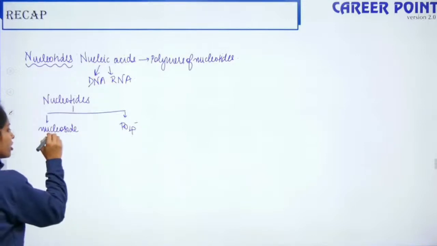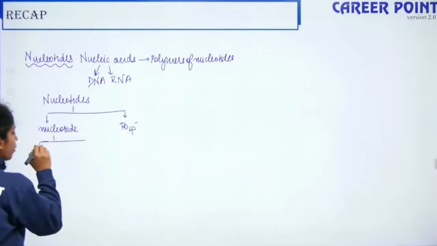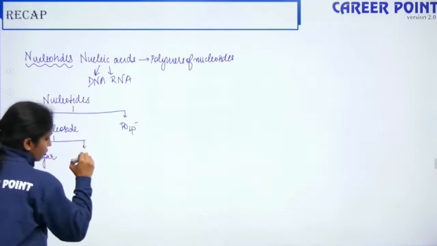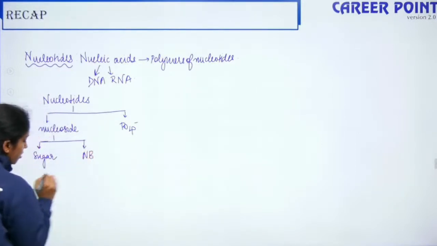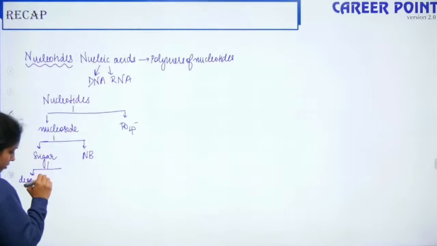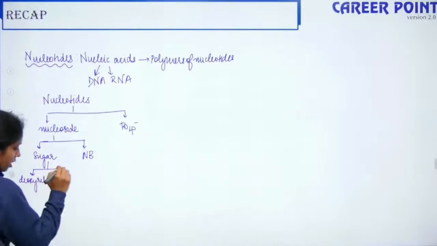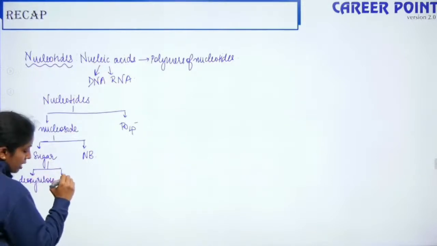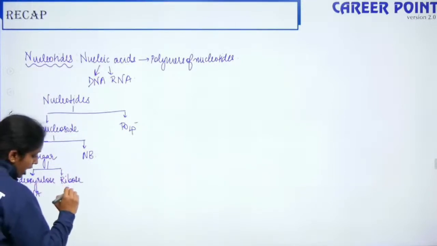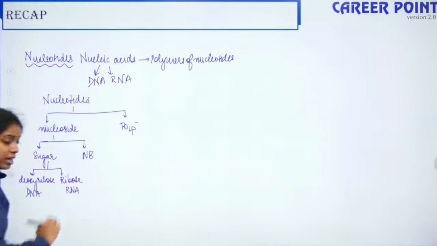Your nucleoside is further made up of a sugar and a nitrogenous base. Sugar can be of two types. One is deoxyribose sugar, the other one is simply ribose sugar. Deoxyribose sugar is in the case of DNA and ribose sugar is in the case of RNA.